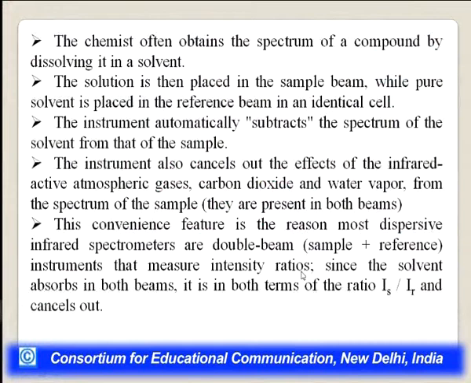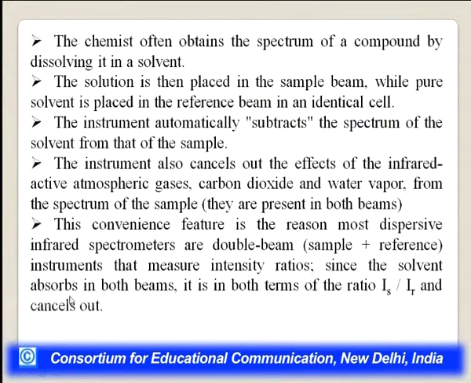The instrument also cancels out the effect of IR active atmospheric gases, that is CO2 and water vapor, from the spectrum of the sample. This convenience feature is the reason most dispersive IR spectrophotometers are double beam, that is, sample plus reference instruments that measure intensity ratios.